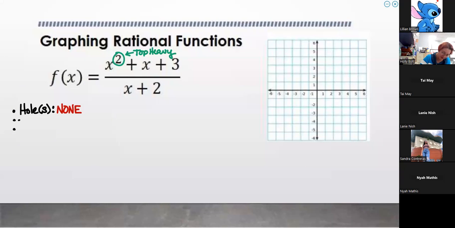All right, so then I go looking for my x-intercept, because we can have more than one. And these are going to be the zeros of my numerator. Well, we already said that it does not factor. So what would I have to use then to find the x-intercepts if it does not factor?